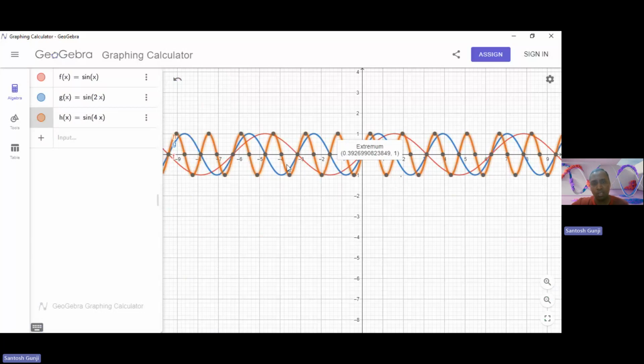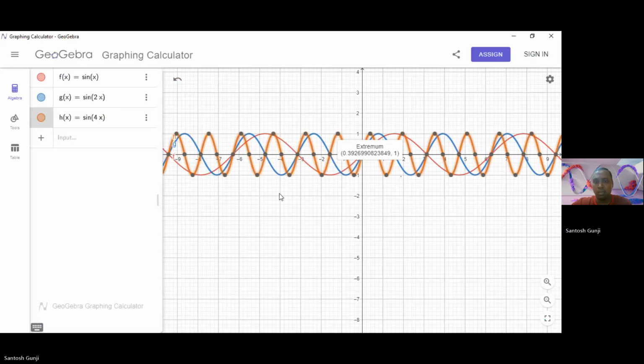So from these three examples, sin x, sin 2x, and sin 4x, in all the graphs you can see the highest and lowest points are the same. It means the range does not get affected when you change the angle, which shows that the range of the sin x function does not depend upon the value of the angle.